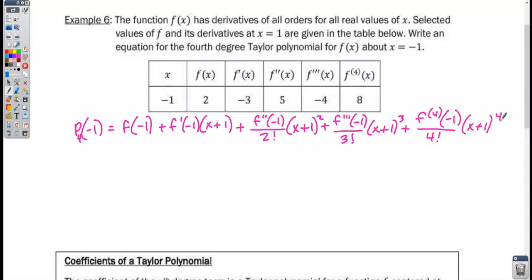And then all we need to do is fill in the values of f of -1, f prime of -1, etc., which we can find in our table right here.